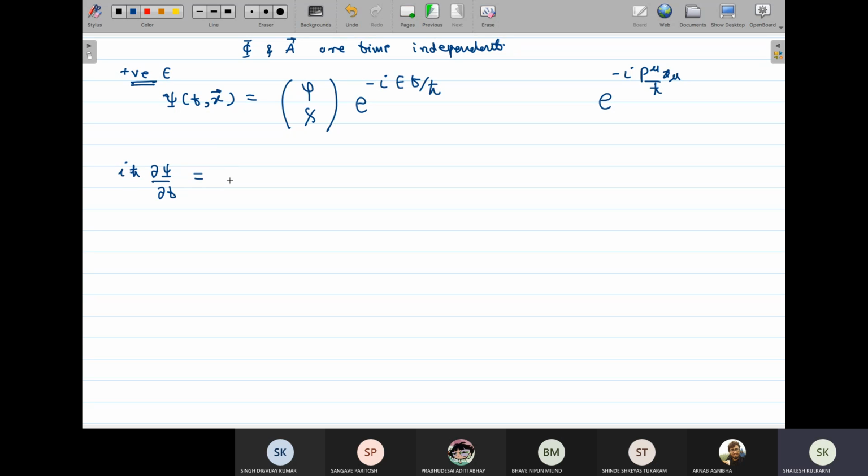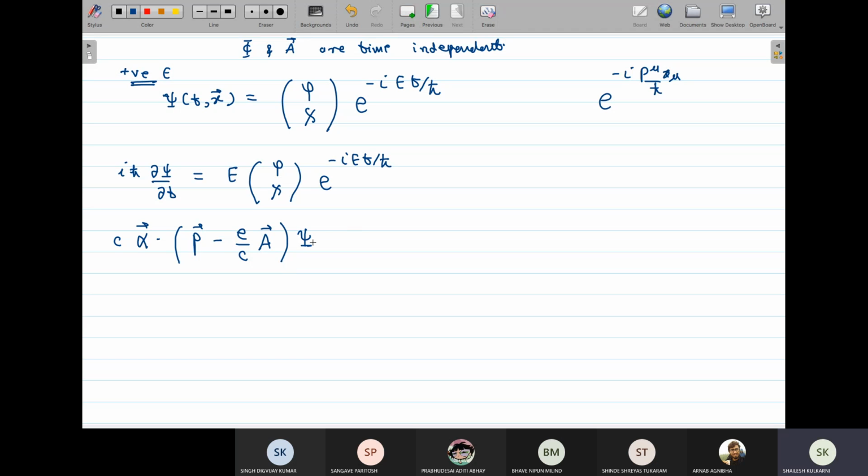So it will be energy E times phi and chi, and e to the power minus i E t by h cross. Similarly, c times alpha dot P minus e by c A acting on psi.